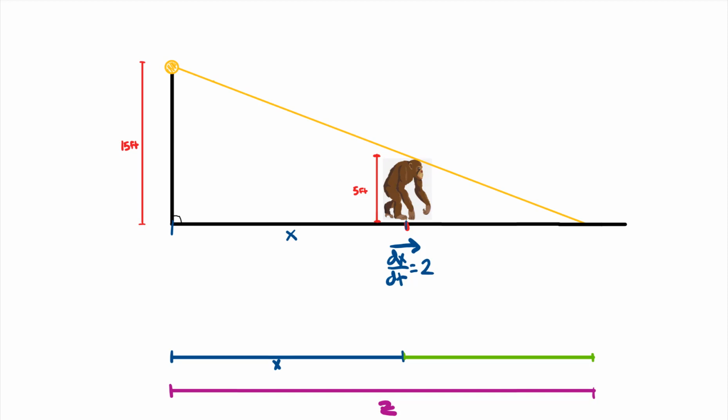All right. So we've got the chimp moving, and the question we're really trying to figure out is how fast is the tip of her shadow moving. Her shadow would be right here, that would be her shadow. But we want to know how fast the tip, right here, is moving away from the base back here.